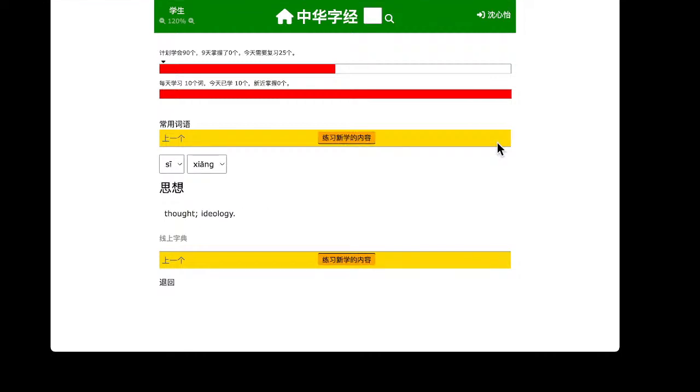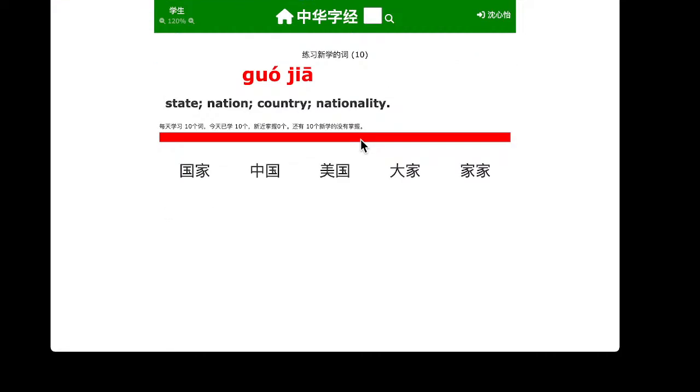思想, thought, or ideology. Now we got a practice button that appeared, so we click it. And it's gonna be really slow again for a while.